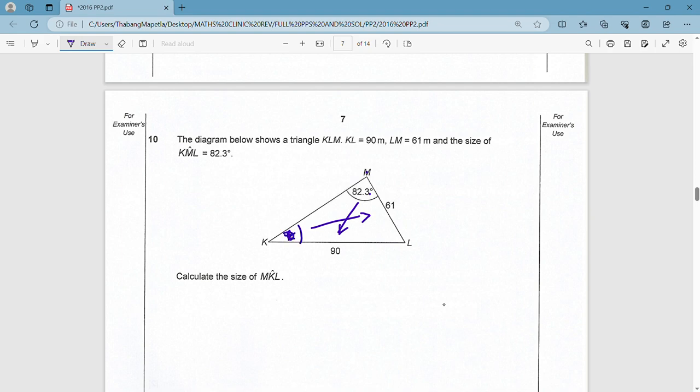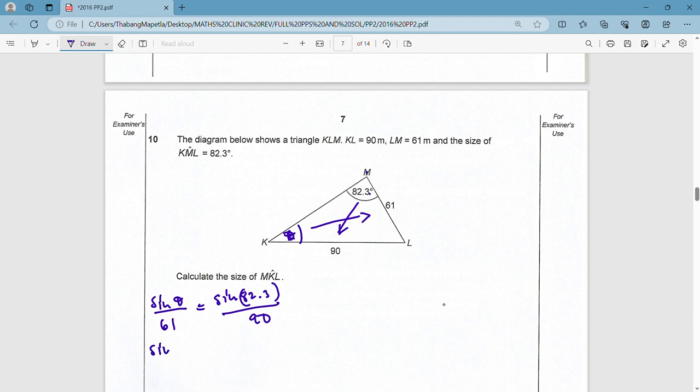Let's call it theta. So we are looking for an angle, which means sine theta over 61. Remember, here we are using the sine rule, which is given on the first page. It is equal to sine 82.3 over 90. So we are taking 61 to the other side.